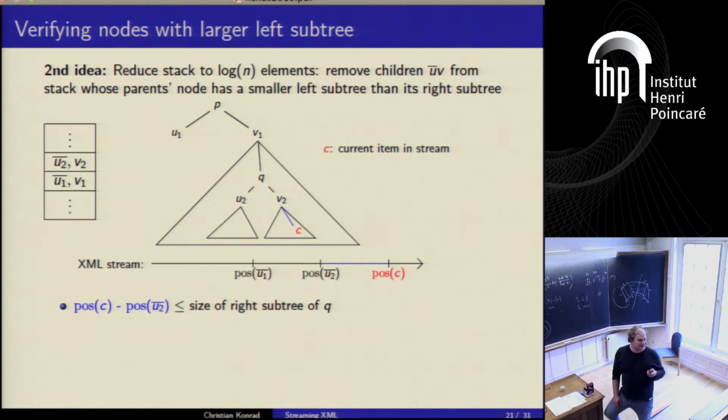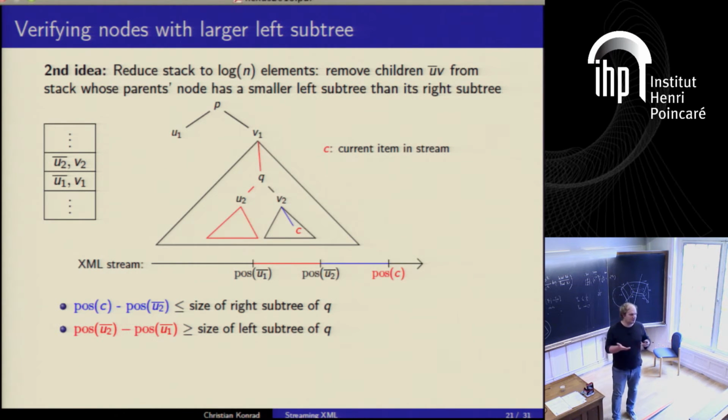Similarly, we can infer an upper bound on the size of the left subtree, which we get by the position of U2 in the stream minus the position of U1 bar, because U2 bar is the last item we see when we leave this subtree. So all these elements are seen between U2 bar and U1 bar. So by only local information that we store in the stack, the positions, we can infer whether this property is true or not.